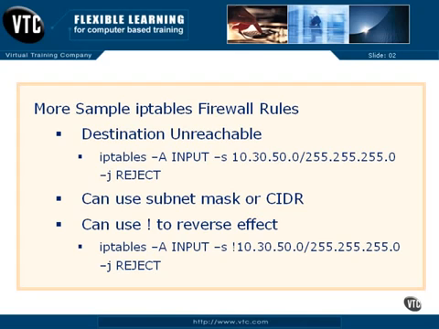I can also use the bang character, also known as the exclamation point, to reverse the effect of a command. For example, if I add an exclamation point to the previous command, it sends the destination unreachable message to everyone else but people on the 10.30.50.0 network.